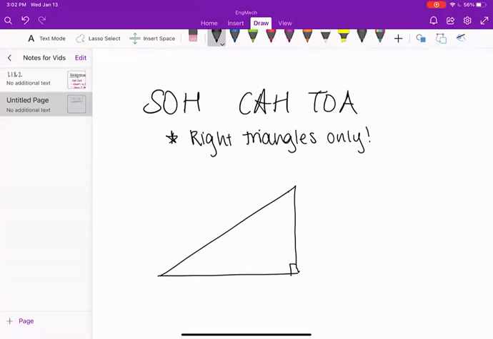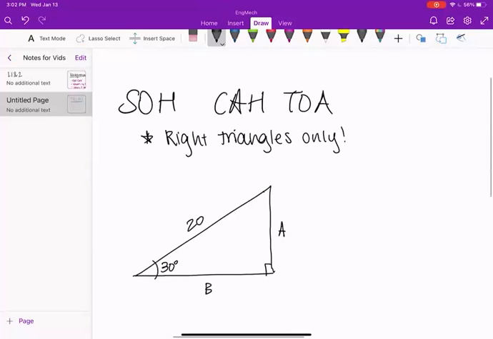and I'm given that this angle is, let's say, 30 degrees, and this hypotenuse is, we'll say, 20, right? And I want to find the height; we'll call this side A and side B. That's where SOHCAHTOA comes in, because the hypotenuse of that triangle is the entire magnitude of the length from here to here.